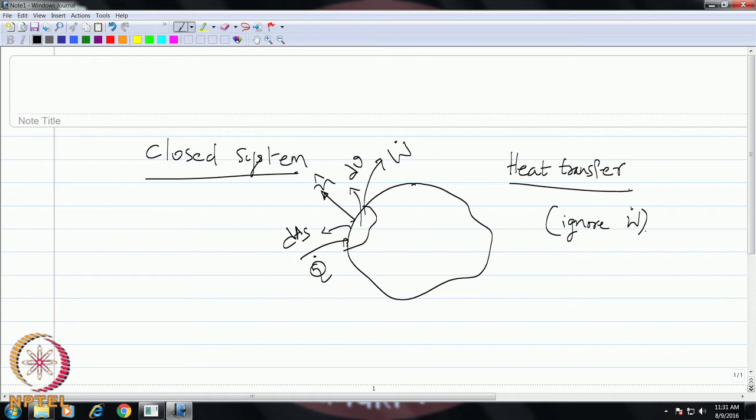But in this case, we ignore those terms and derive only a pure heat equation without the effect of work. So, therefore, what will be the first law? First law of thermodynamics. All this is now macro scale. We can say this is your macroscopic or macro scale continuum heat transfer.